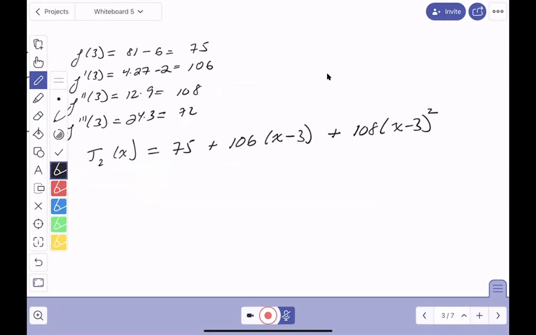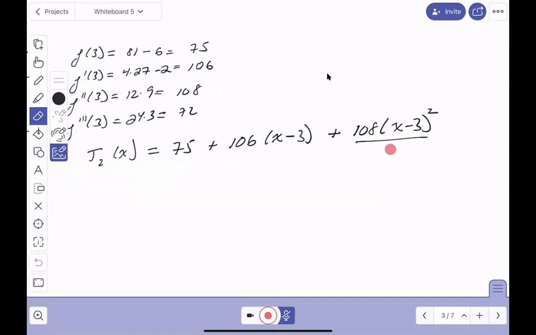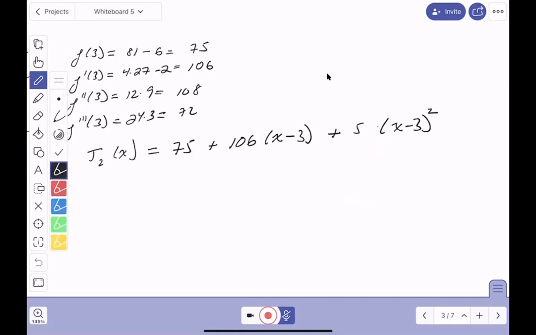Now, if I divide by 2, I hope you realize that 108 divided by 2 is going to be 54. So I'm going to erase this and write down 54. We'll check the answer later. If I make a mistake, I'll correct it.